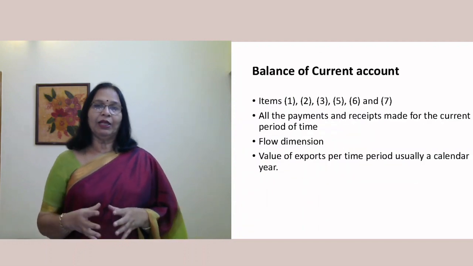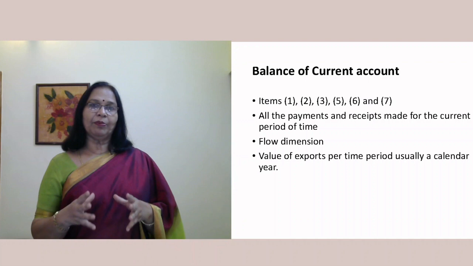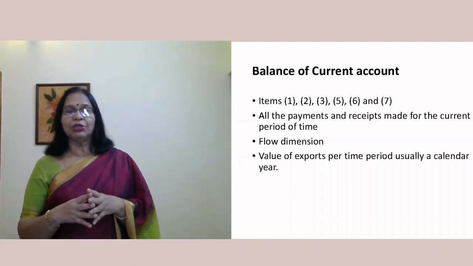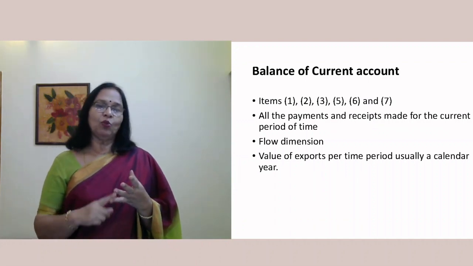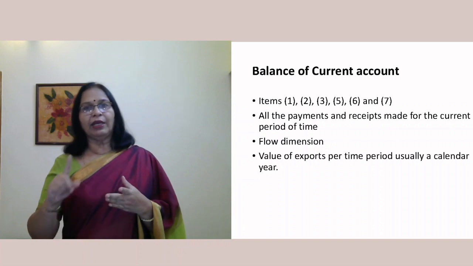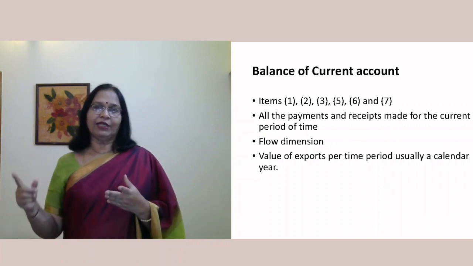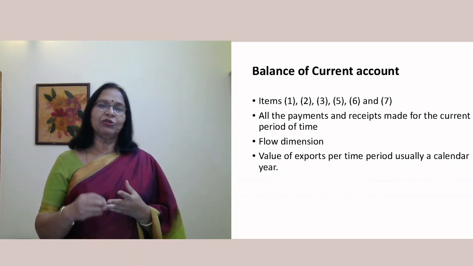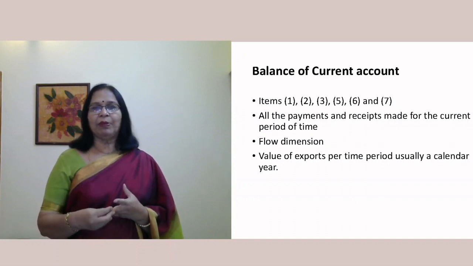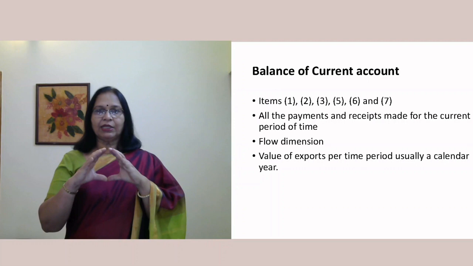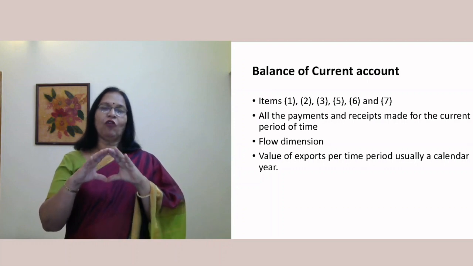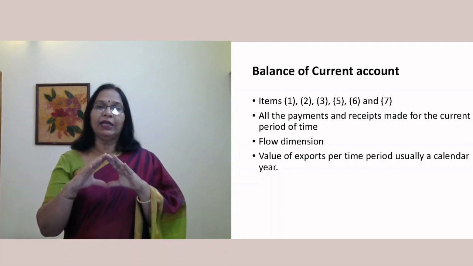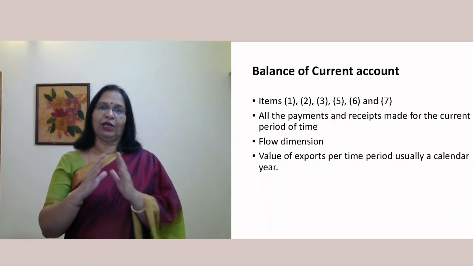So we make a balance of current account. Now, what is a balance of current account? It is a summation of items 1, 2, and 3, and its analogous 5, 6, and 7. So we have visible trade, invisible trade, and unrequited payments and receipts. These three sets of items together form what is called the current account of the country.